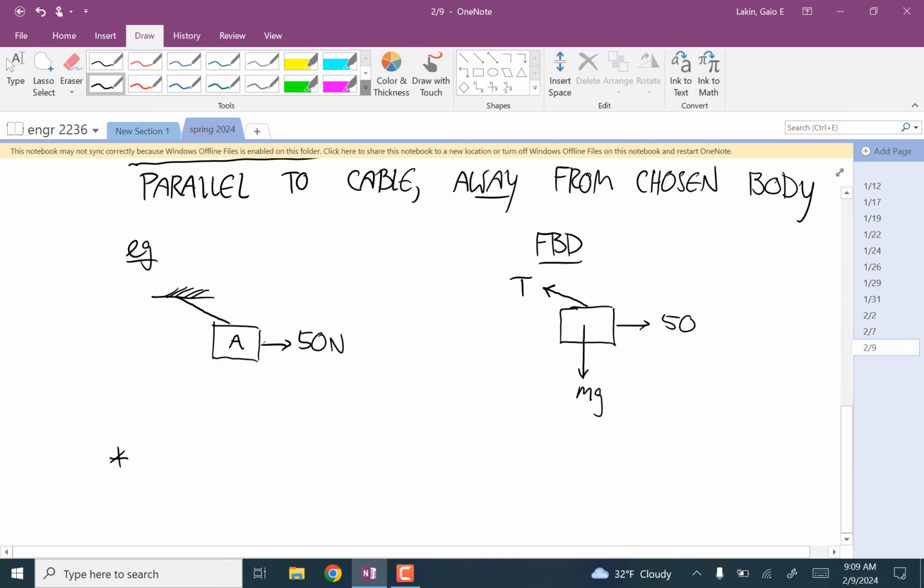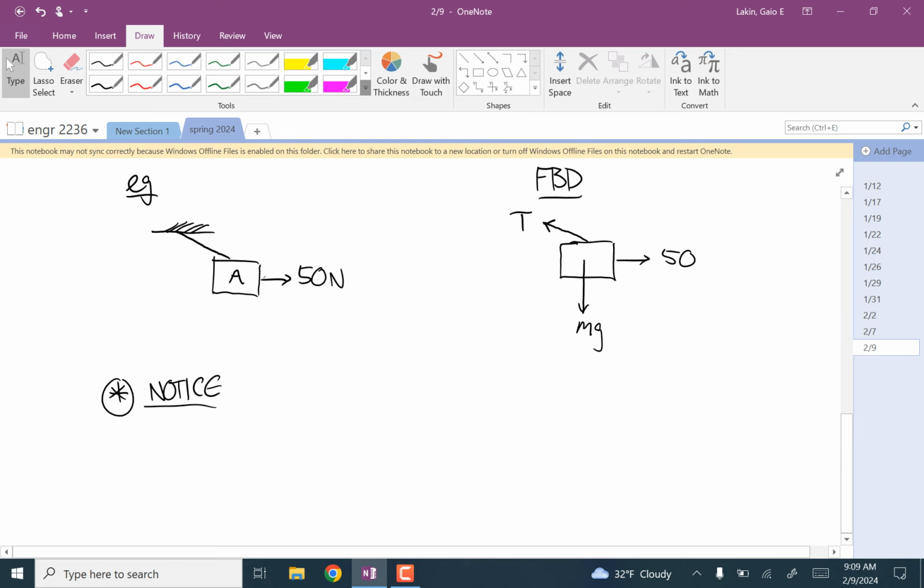One thing you should notice, so for any cable that touches nothing but pulleys between bodies.